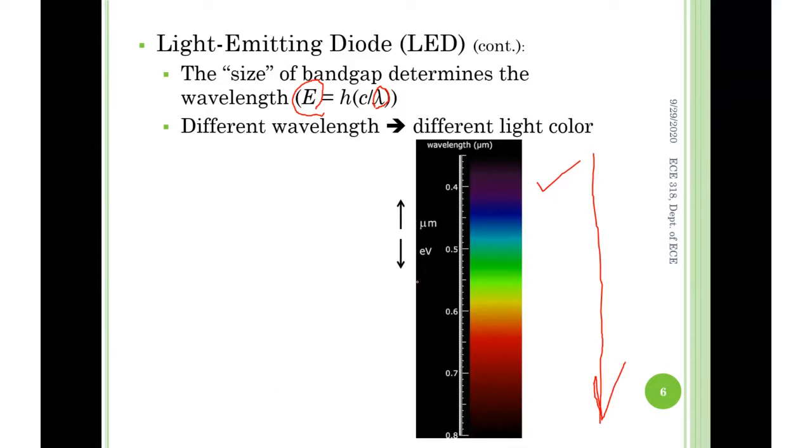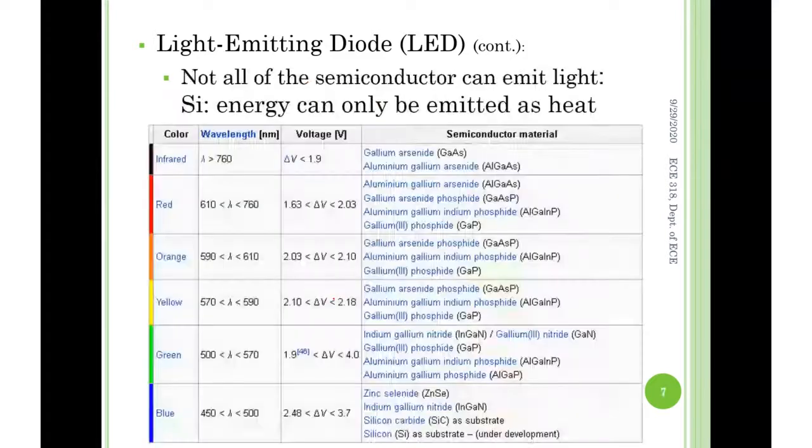So this is the LED, and from here you can see more details about the color, the wavelengths and the energy generated. Specifically, what kind of semiconductor compound you can use to make that color for an LED.